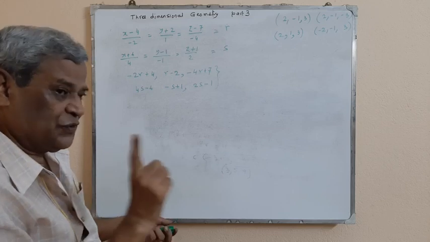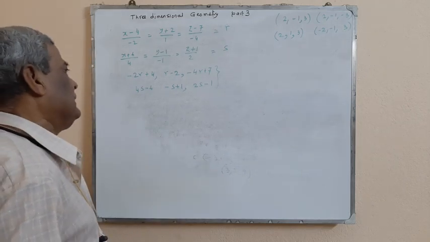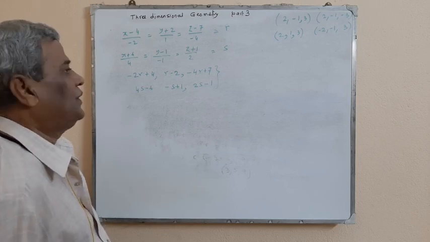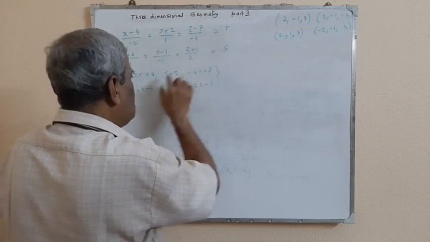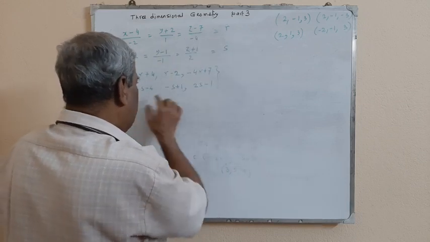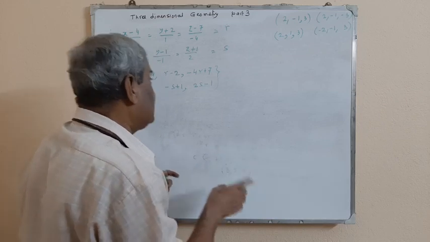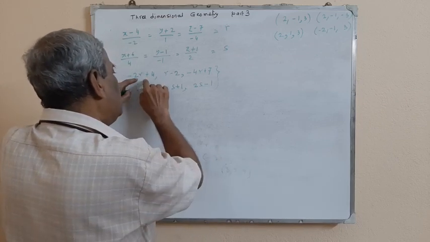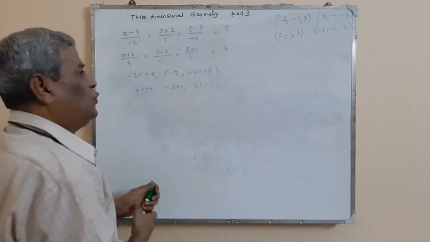Now we have to search for particular values of r and s so that they meet. The first point depends on r, the second point depends on s. We find the particular values of r and s so that they are equal, component by component.